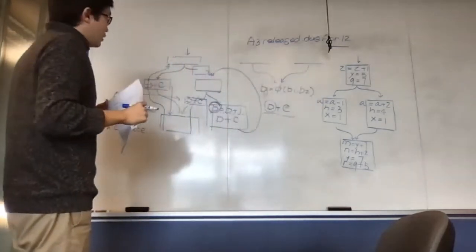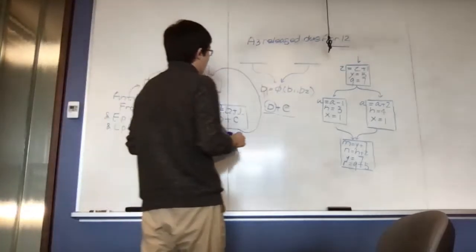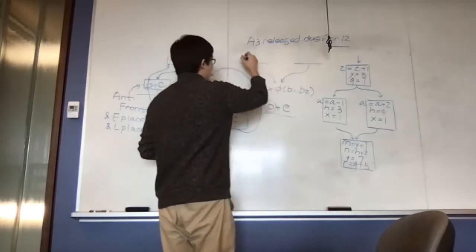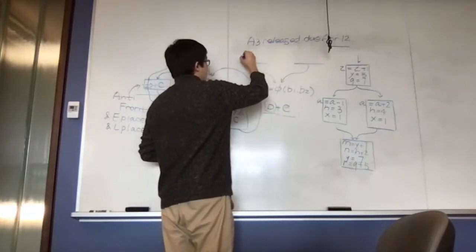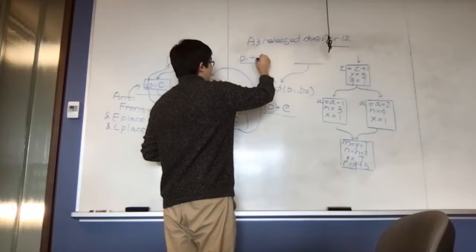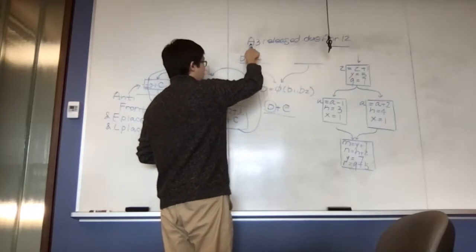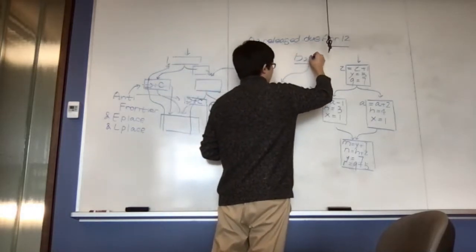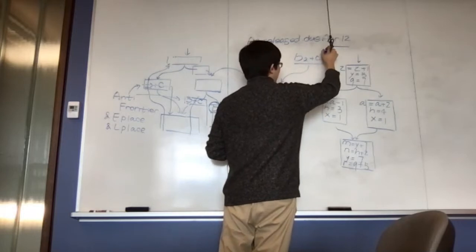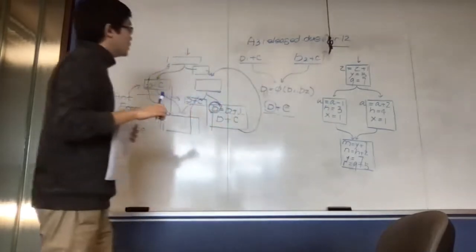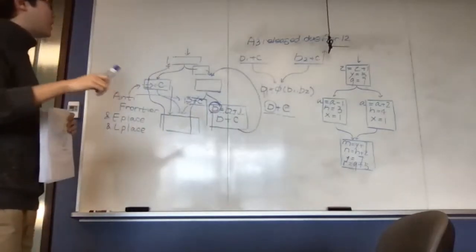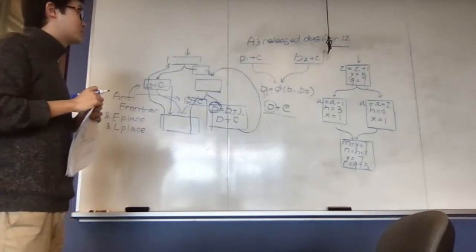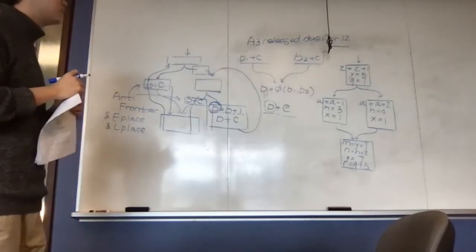A possible implementation is that we set the expression B1 plus C as anticipated starting from this program point onwards, and B2 plus C as anticipated starting from this program point onwards. This can be done by overriding the get boundary value method. Again, this is just one possible implementation. Of course, there are other equivalent ways of doing it.